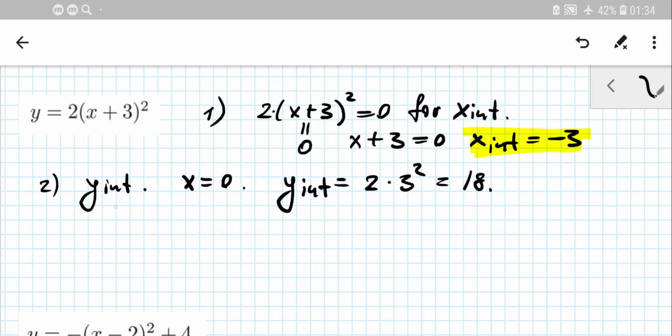You just simply can expand that. This is the harder way, but I'll tell you. If you expand, you have some terms, but in the end, you'll get 2 times 3 squared, finally positive 18.